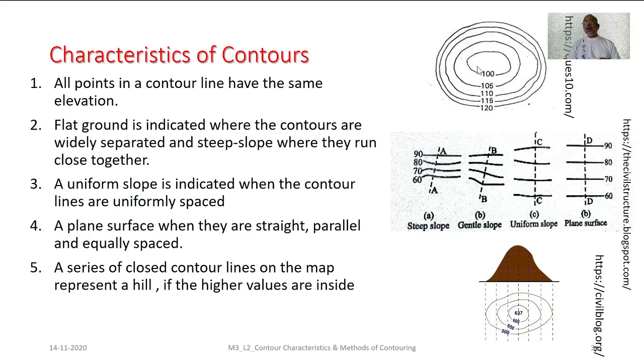So whenever we are dealing with a structure like a depression, it will be represented by this form. Whereas, as you see on the lower side, the outermost contour has the least value, and on the contrary, the innermost contour has the highest value. As such, the structure represented here is a kind of hill.